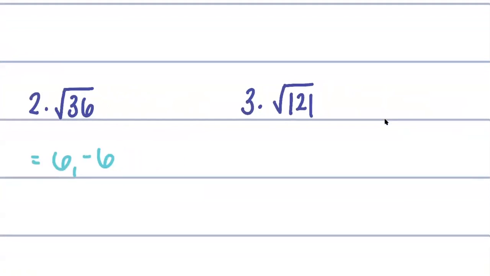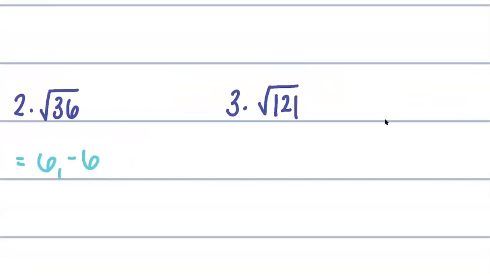Awesome. Can I do number 3? Yeah, Apollo, go ahead. Since 11 times 11 is 121, the square root of 121 would be 11, or -11. Awesome. You guys are so good at this.